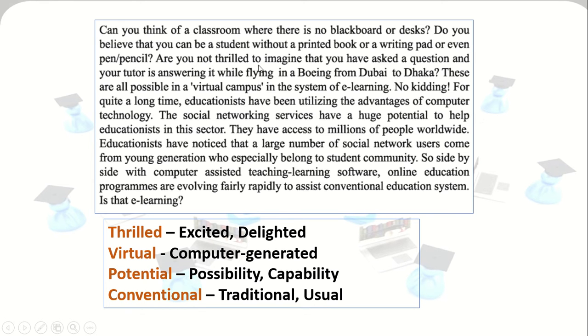Are you not thrilled to imagine that you have asked a question and your tutor is answering it while flying in a Boeing from Dubai to Dhaka? These are all possible in a virtual campus in the system of e-learning. As I have said, e-learning is of two types, synchronous and asynchronous. So the learner and the trainer may be joined at the same time from different locations.